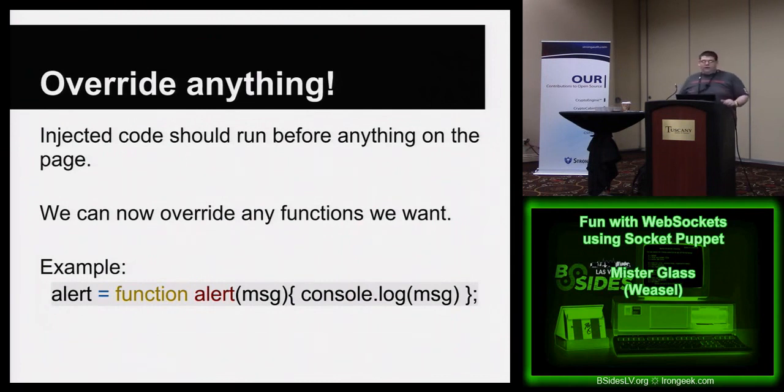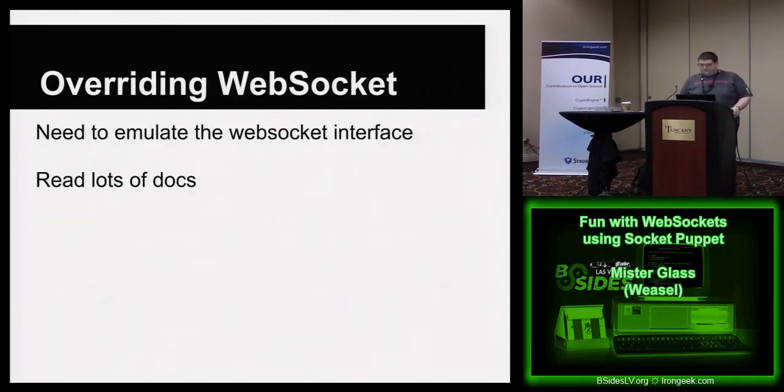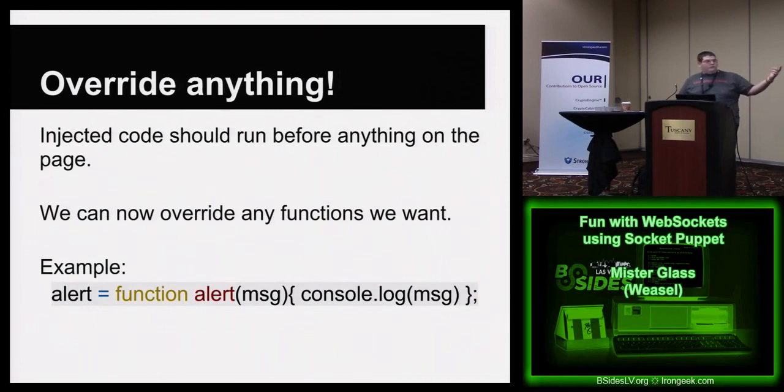If you want, you can override the alert function and get rid of some annoying alert messages. This is, again, very simple code, but a great example of what this does. You just write alert equals function alert message. So you're declaring a new function and just overriding the standard alert function. And instead of alert popping up a box now, it'll just log into your console.